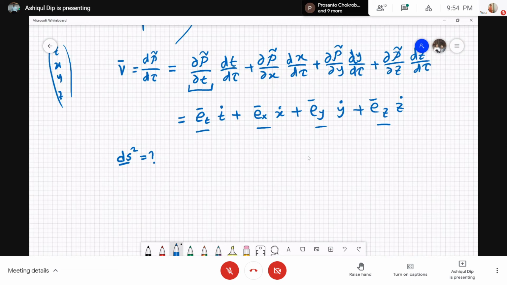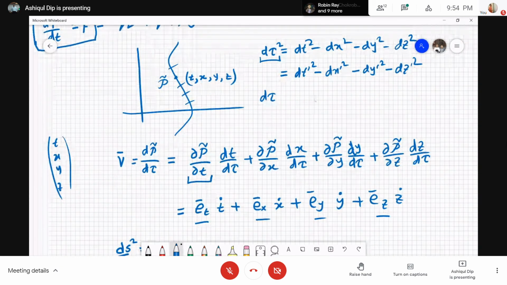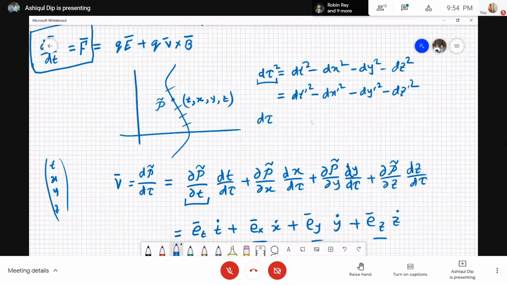So we know already that d tau square is the thing that everyone sees same, right? So we can use this information. So d tau whole square, if we divide the whole thing by d tau square again, so d tau over d tau whole square, which is what?